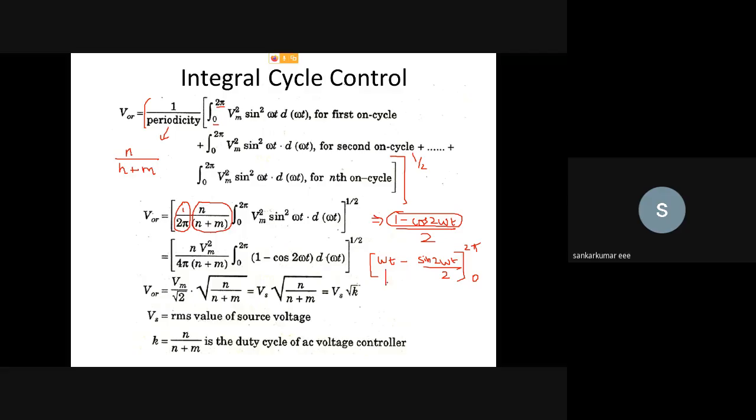So here omega t will be 2 pi minus 0, and this sine term automatically vanishes to 0. So the V naught, or the output voltage, will be Vm divided by 4 pi into n plus m into n into 2 pi, the whole to the power of 1 by 2.